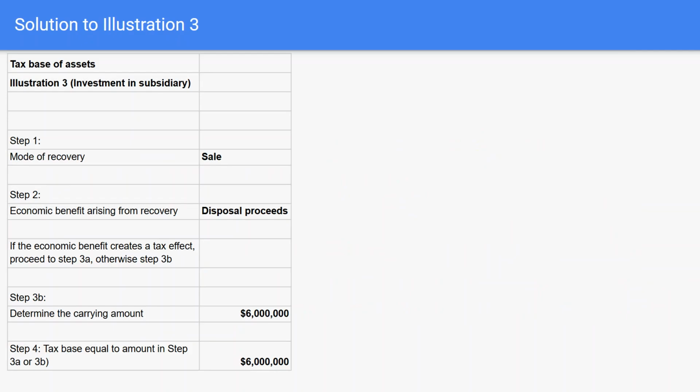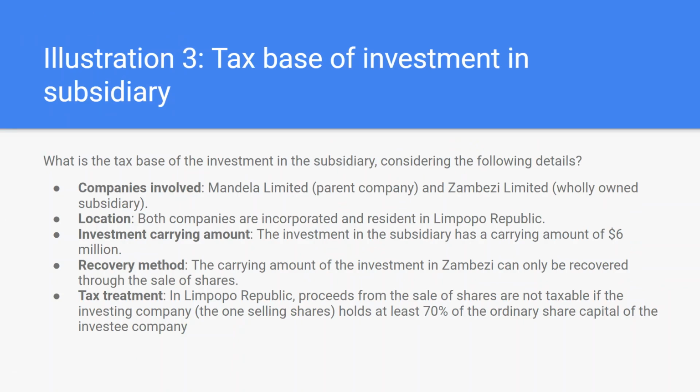And so the next point is, if the economic benefit creates a tax effect, if it is taxable, you go to 3A. If it's not taxable, you go to 3B. So we need to check the tax treatment, whether it is taxable or not. It says if Mandela owns at least 70% of Zambezi, it means the proceeds are not taxable.